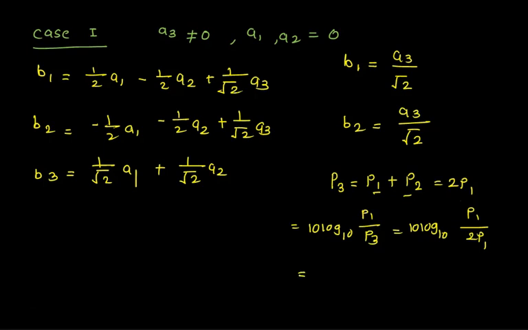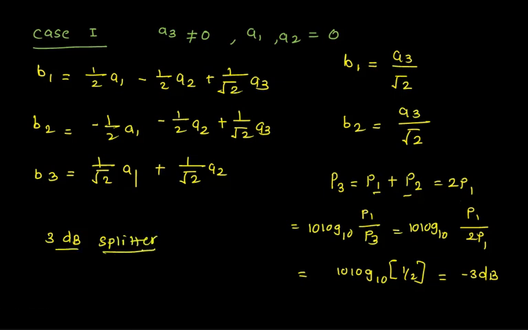So this is 10 log to the base 10 of 1 by 2, which comes to minus 3 dB. So this particular H plane T works as a 3 dB splitter. Whatever power you give to port number 3 will be divided equally between port number 1 and 2. Half of the power will go to port number 1 and half to port number 2. So this is the first case.